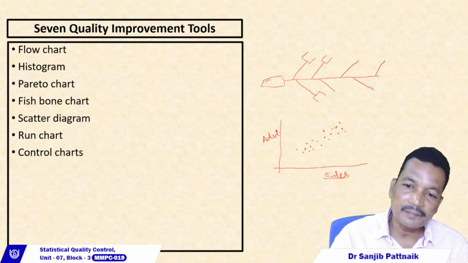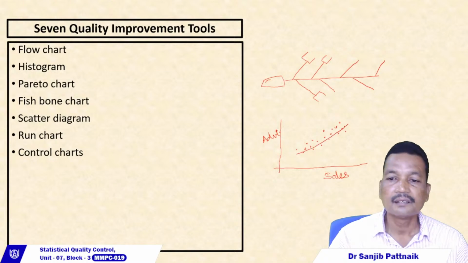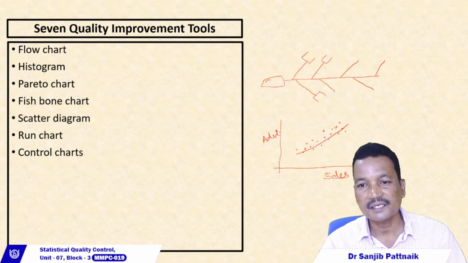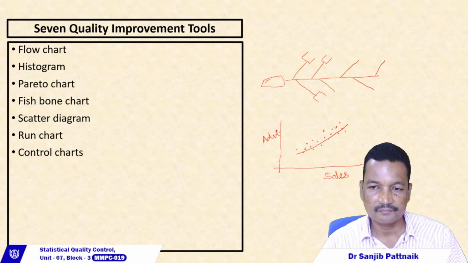Now this will tell me what is happening to the sales amount if I advertise more. So we try to present the scatter diagram.